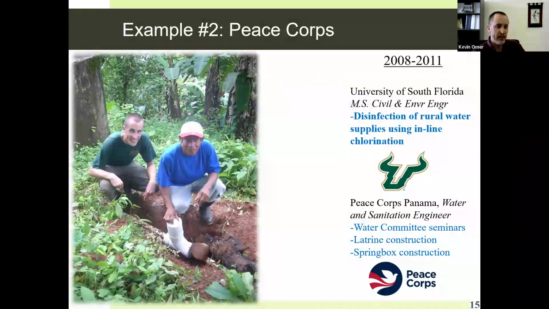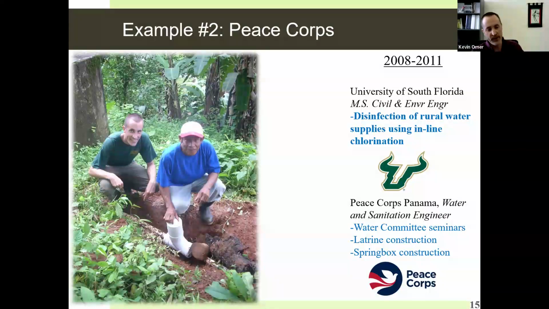And during my Peace Corps service, I also wrote a master's thesis. So one stated need from the community was that even though they had water from a spring, they had no way to disinfect their water. So after being there for a while, they brought about this need, and we were able to construct and then analyze this local PVC chlorinator that you could buy with tools from the local hardware store.